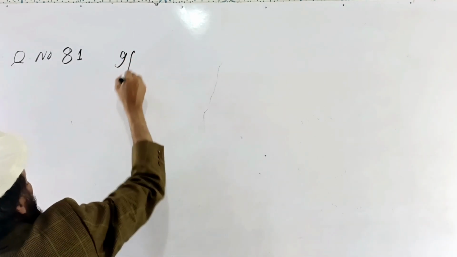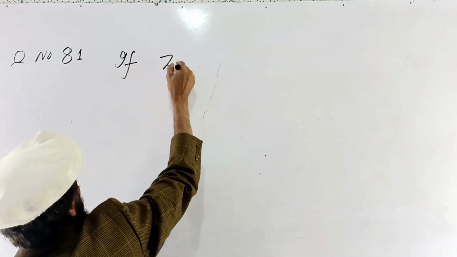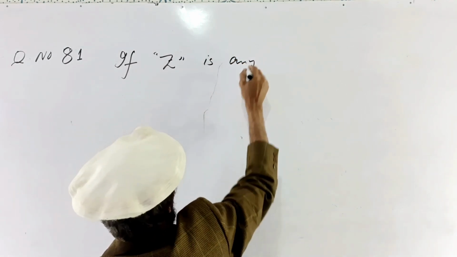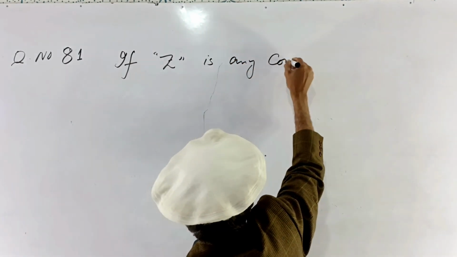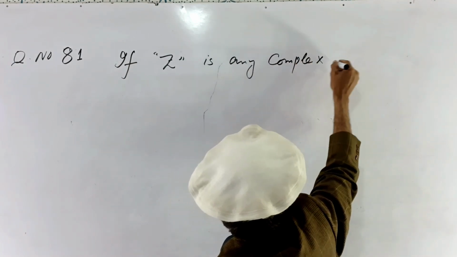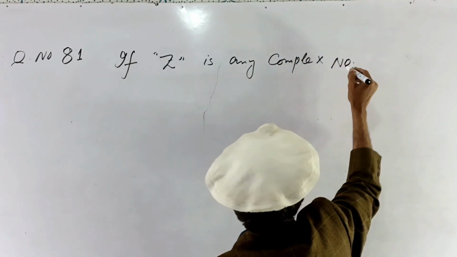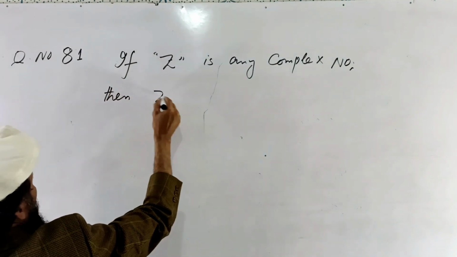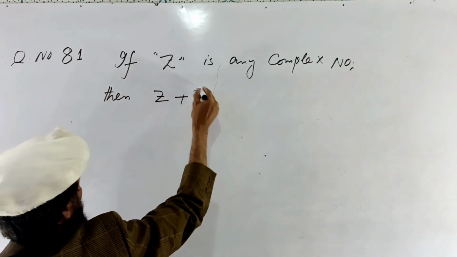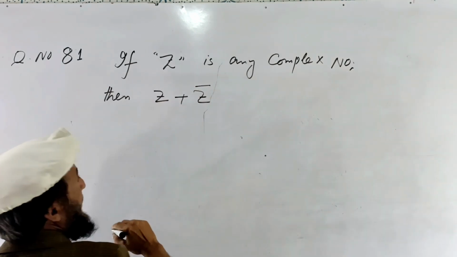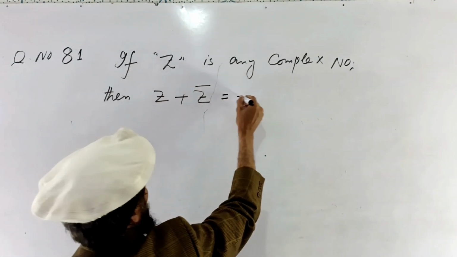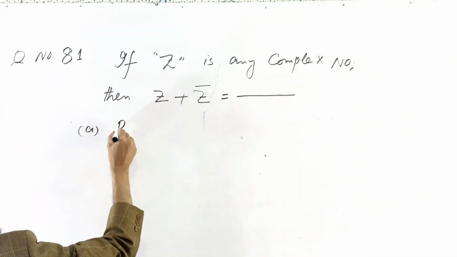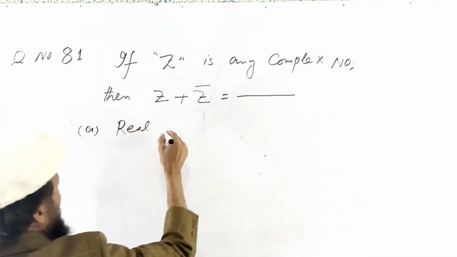If Z is any complex number, then Z plus Z conjugate is equal to what? A, real number.